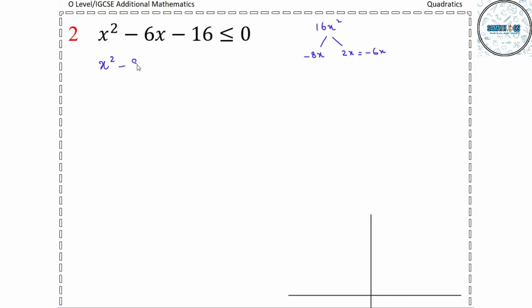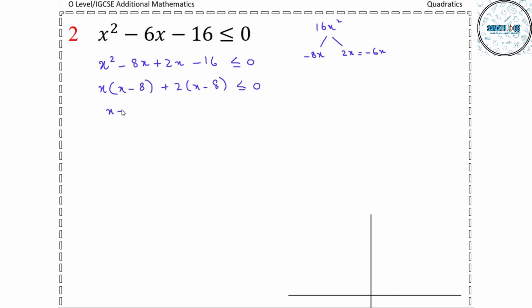So x squared minus 8x plus 2x minus 16 is less than or equal to 0. x is common, x minus 8 plus 2 is common, so x minus 8 is common.